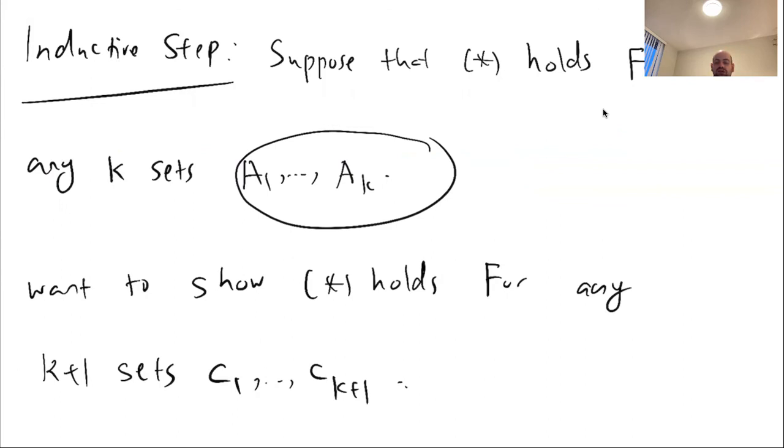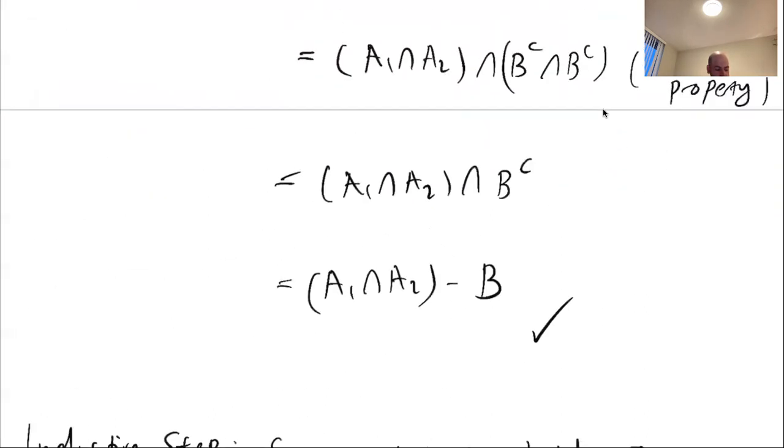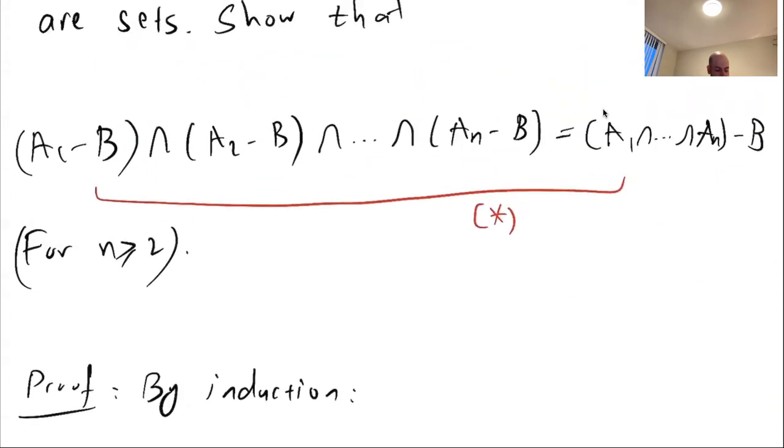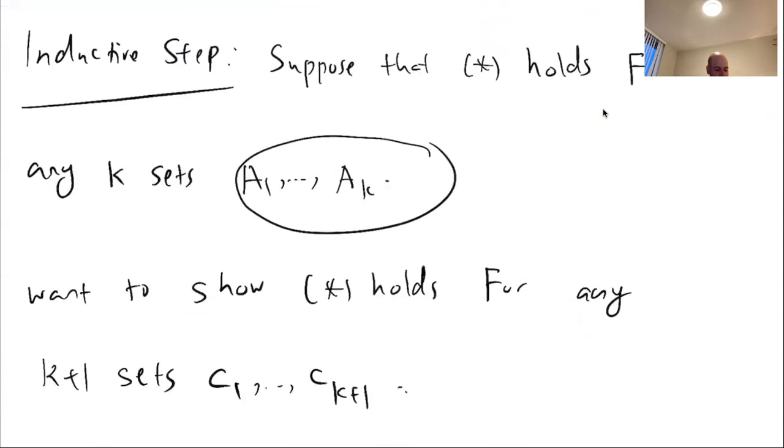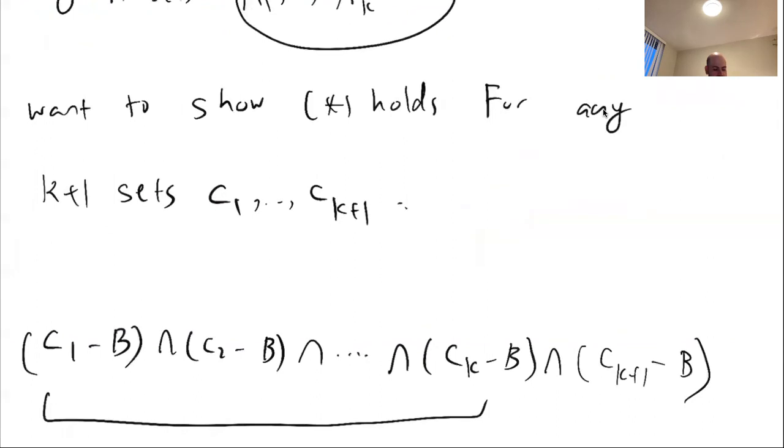In the induction hypothesis, I assume that I have k sets, any k sets that I consider, like A1 to AK, then the equality holds for them, meaning that (A1 minus B) intersection (A2 minus B) intersection all the way to (AK minus B) is the same as (A1 intersection to AK) minus B. And then I want to show that the same equality holds for any k plus 1 sets.